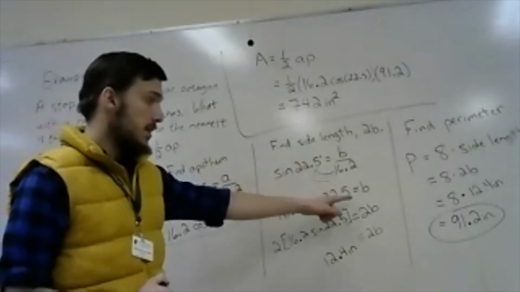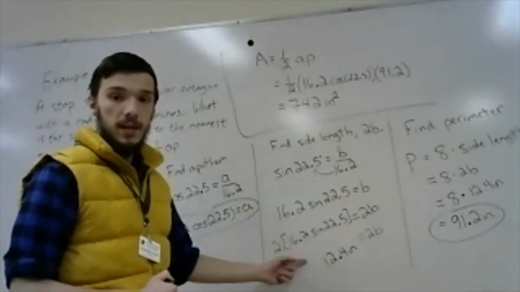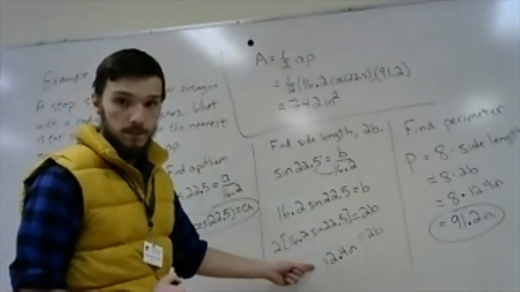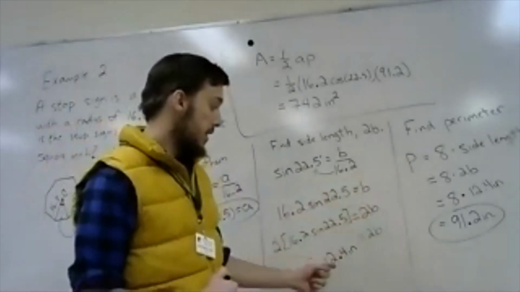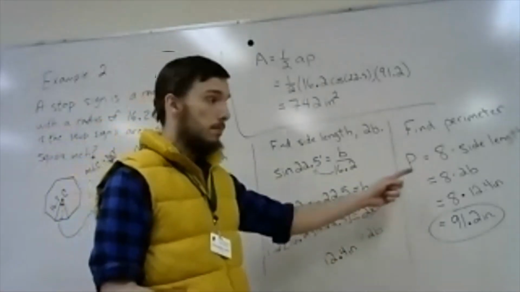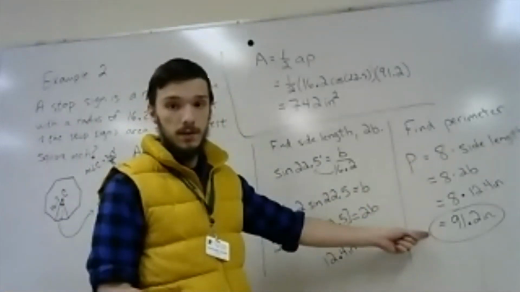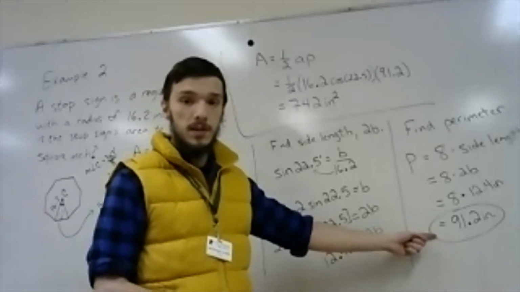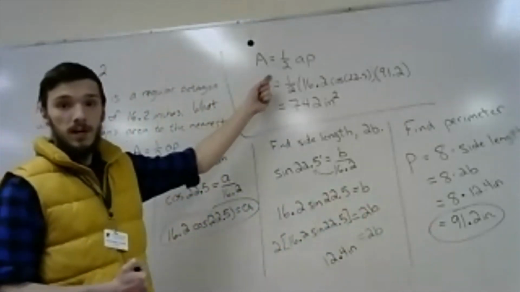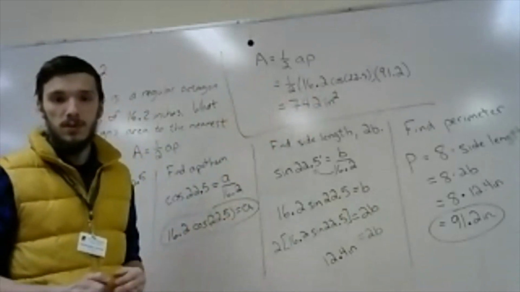So we found B, and then we multiplied it by 2 to get the length of one of the sides of our octagon. Then we multiplied this value by 8 to find our perimeter. Once we have our perimeter and our apothem, we plug them into our area formula and find that the area of a stop sign is 742 square inches.